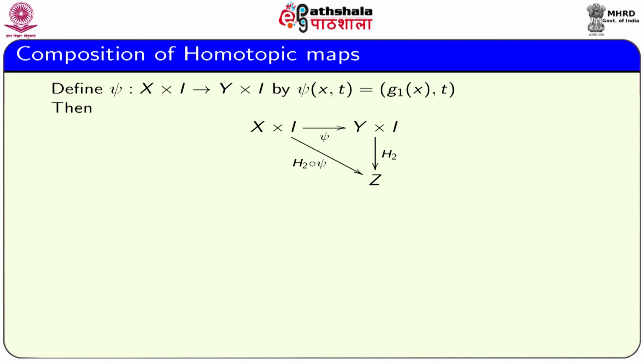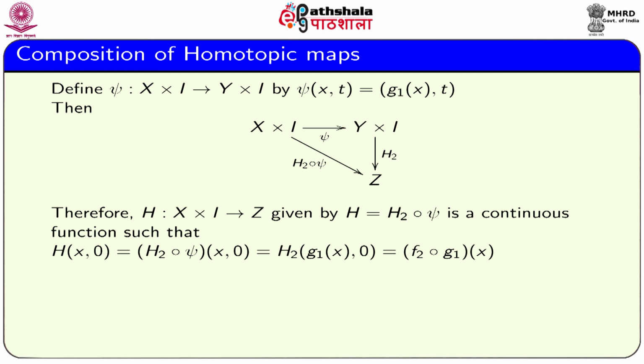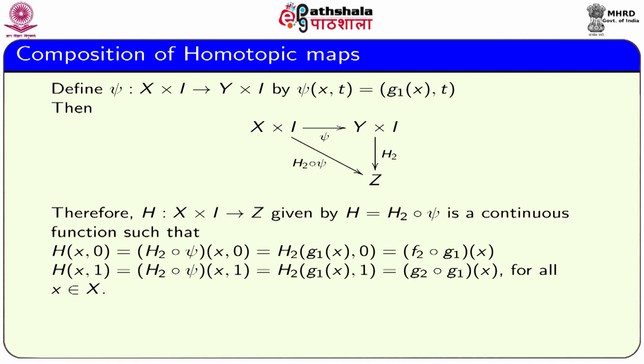H2 is a continuous map from Y cross I to Z. So their composition H2 composed psi is a continuous function from X cross I to Z. Therefore, if we take that function H2 composed psi as capital H, then it is a continuous function satisfying the condition that H(x,0) gives me f2 composed g1 of x and H(x,1) is equal to g2 composed g1 of x for all x belonging to capital X. Hence, f2 composed g1 is homotopic to g2 composed g1 via the homotopy capital H.